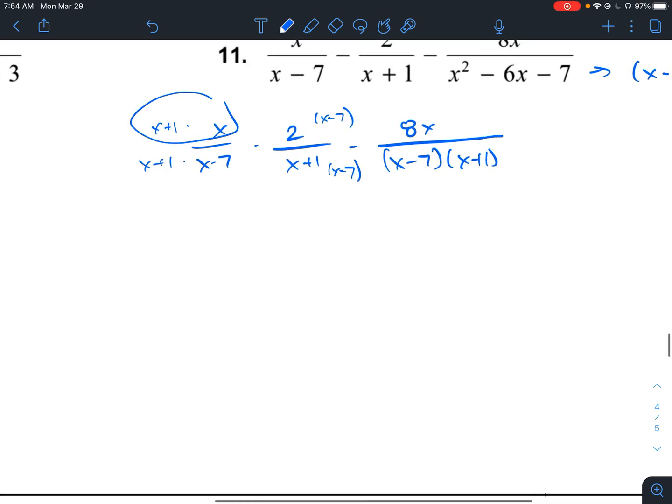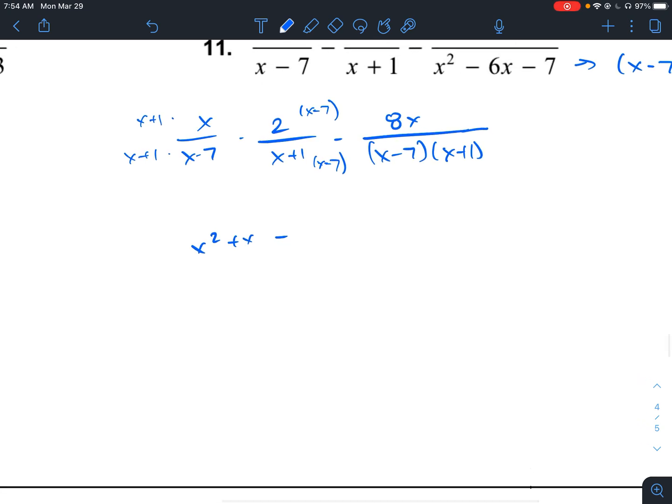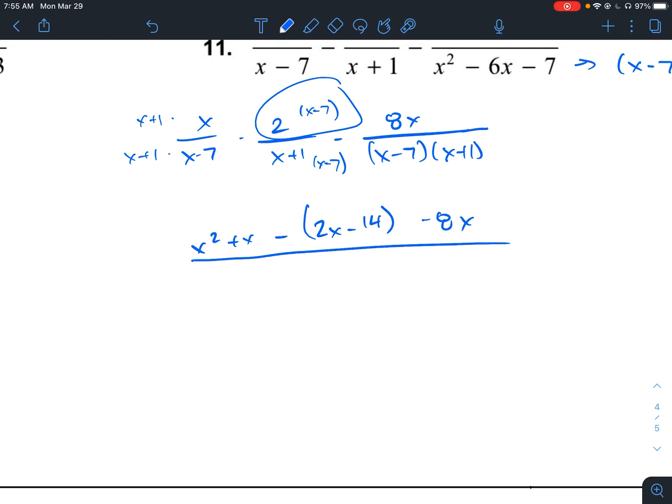So when I multiply these together, I get x squared plus x. And then I have minus, and then there's 2x. Multiplying these together, I get 2x minus 14. And then minus 8x, divided by, now that I've multiplied these ones by the factors they were missing, a common denominator of x minus 7 and x plus 1.